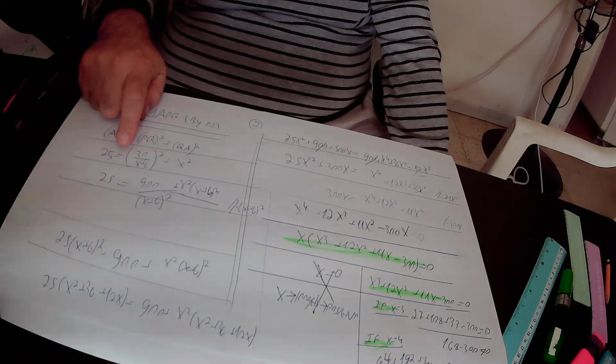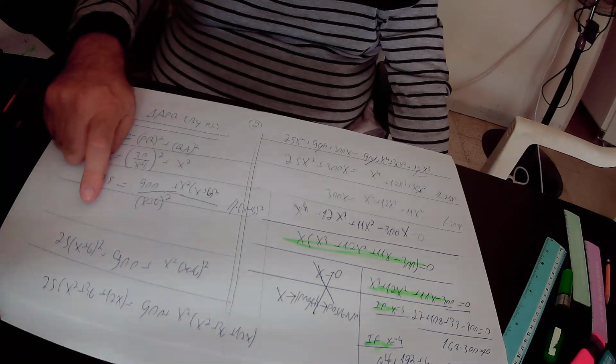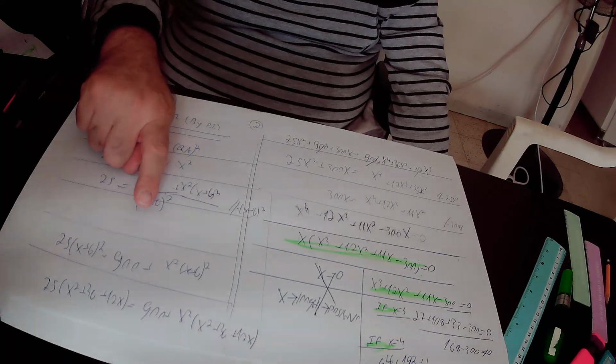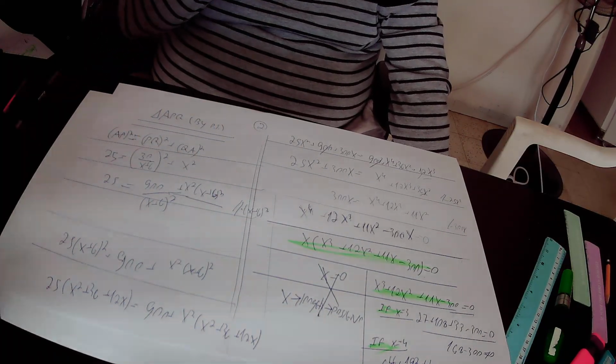Here we multiply the equation by x plus 6 squared, and finally find that 25 times x plus 6 squared equals 900 plus x squared times x plus 6 squared.